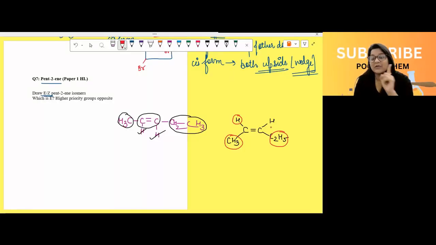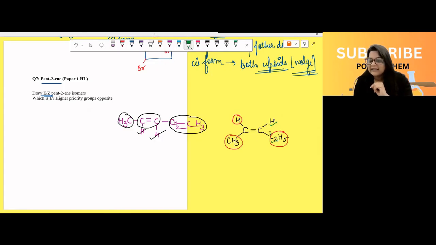For E and Z, we check the priority. Priority comes from the atomic number. So over here, between H and C2H5, which has the priority? This has the priority. Between H and CH3, which has the priority? This has the priority.